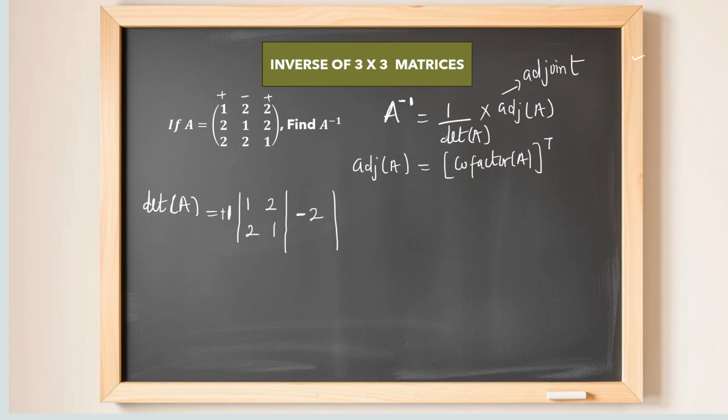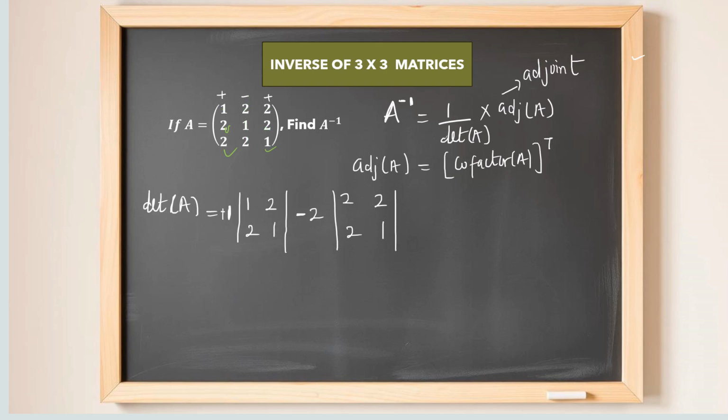For negative 2, let's cancel out the row of negative 2 and also cancel out the column. So we are left with 2, 2, 2, 1.